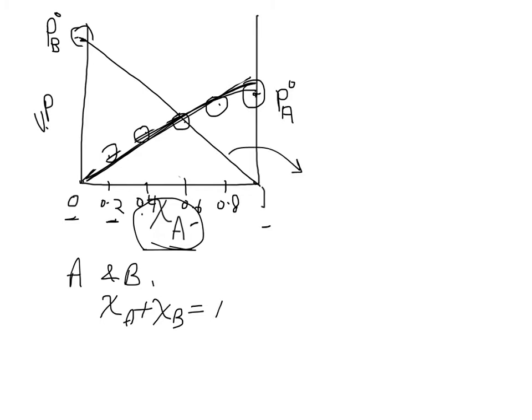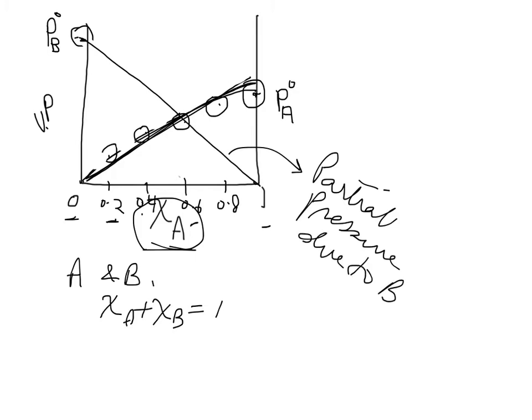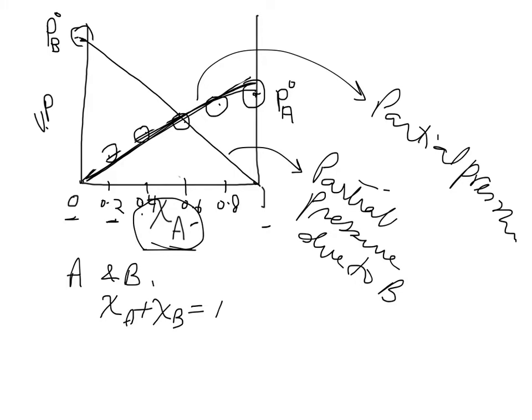So if this part measures the partial pressure due to component B, and this part measures the partial pressure due to component A, then the vapor pressure of that entire solution, which is a combination of A and B, will be given by the line that I just drew.